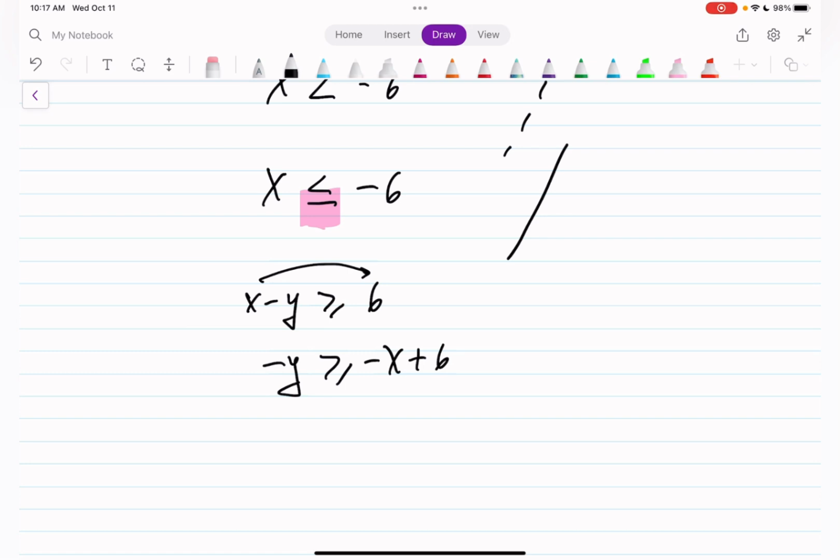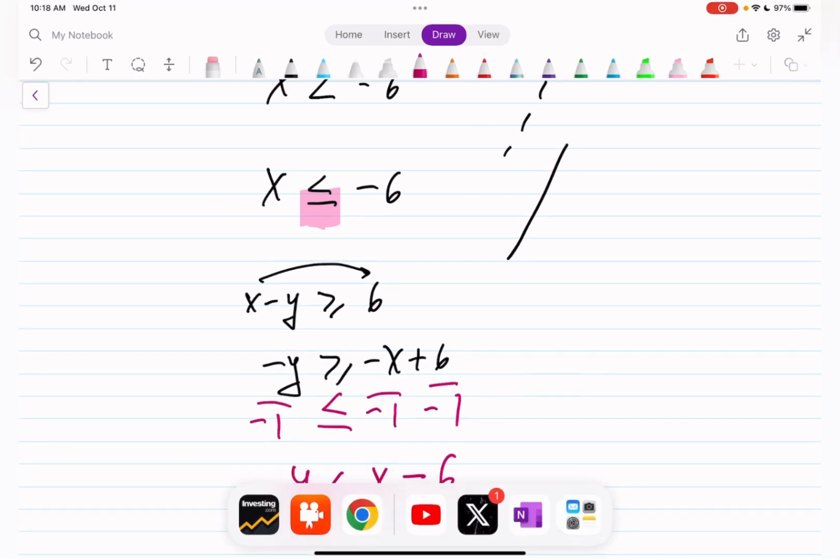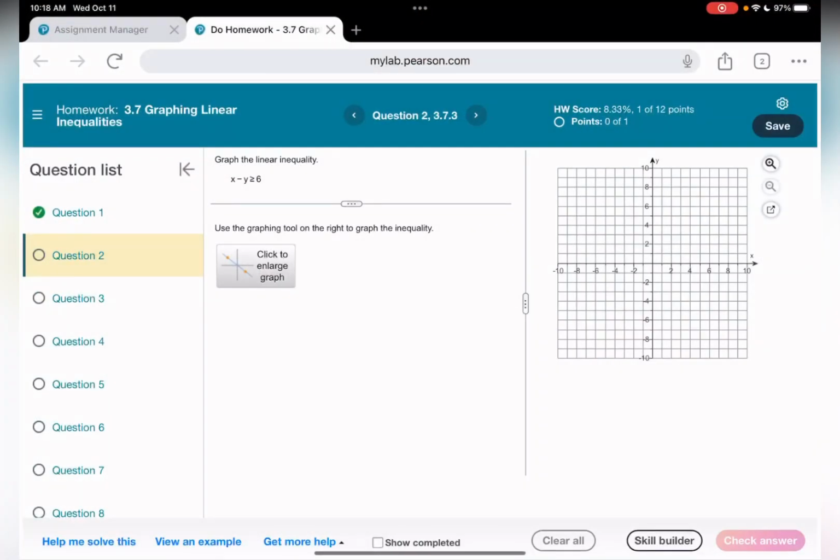And dividing by -1, pay attention, when you divide by a negative number, it's going to affect the sign. So you flip, and we are getting y is less than or equal to x minus 6. We are going to graph x minus 6.